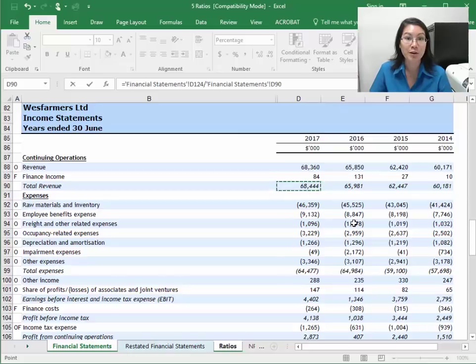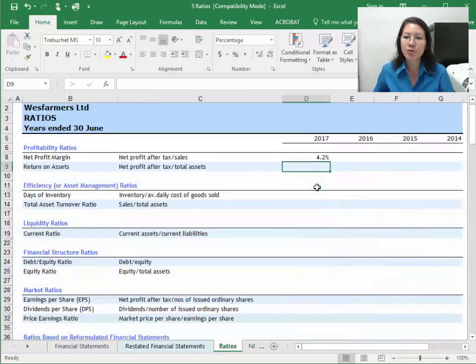I like to put total revenue when I'm talking about the original financials. So sales, your company might actually have sales, in which case just link to your sales figure. In my case, it's probably not going to make too much difference whether I link to this cell or this cell, because the finance income as a proportion of total revenue is very small. So I'm just going to link to this one, total revenue.